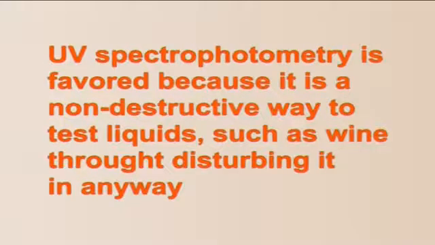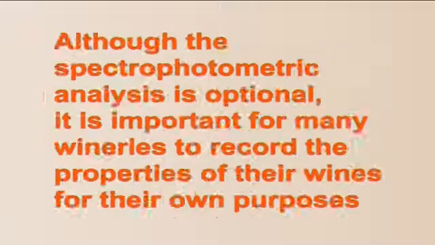UV spectrophotometry is favored because it is a non-destructive way to test liquids such as wine without disturbing it in any way. Although the spectrophotometric analysis is optional, it is important for many wineries to record the properties of their wines for their own purposes. Some of the factors that are evaluated are the hue and color intensity of the wine.